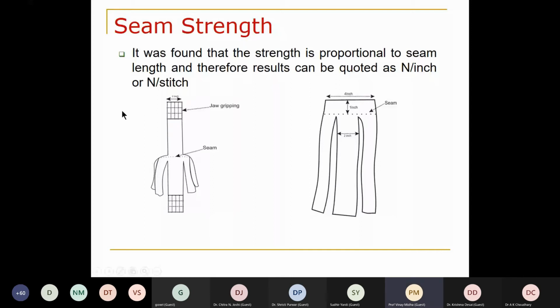So the strength of the seam is now proportional to the length of the seam, and therefore the seam strength can be quoted in terms of strength per unit length. You can say that it is newtons per inch or newtons per stitch.